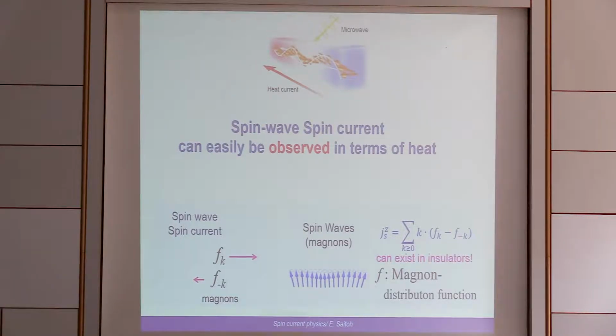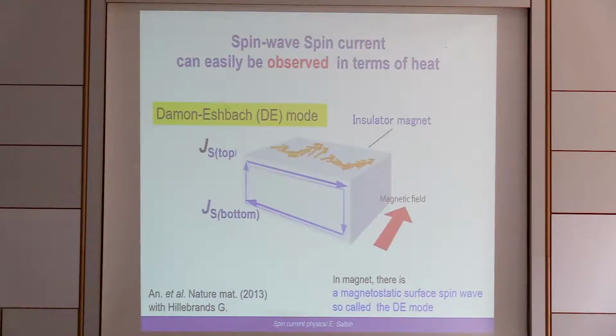How do we create spin wave spin current in a magnet like EEC? We have used methods using surface spin wave. In the ferromagnet, there is a surface spin wave called the Damon-Eschbach mode. The Damon-Eschbach mode is a surface spin wave mode mediated by the magnetostatic coupling, which runs only in this direction at the surface, and only in this direction near the bottom surface. It's a kind of one-way street of the spin wave spin current.